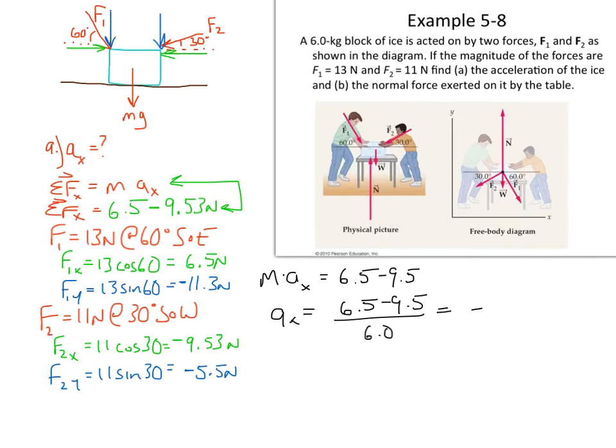Negative 0.5, right? Negative 0.5 meters per second squared. So the negative direction is going this way. So the boy that's pushing with less force, only 11 newtons, is actually going to win, because he's applying his force more in the x direction than this boy is right here.